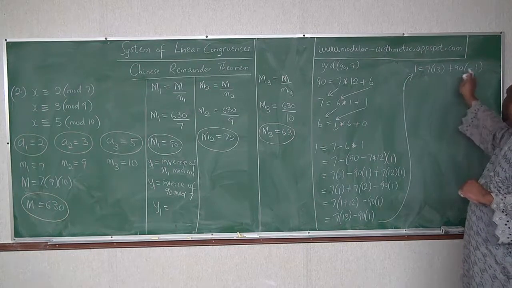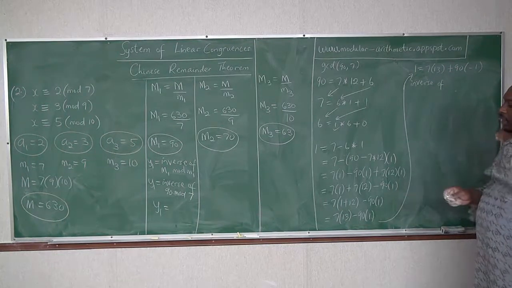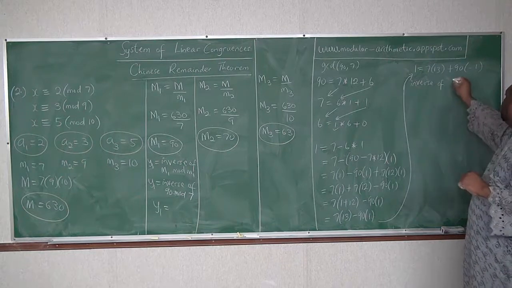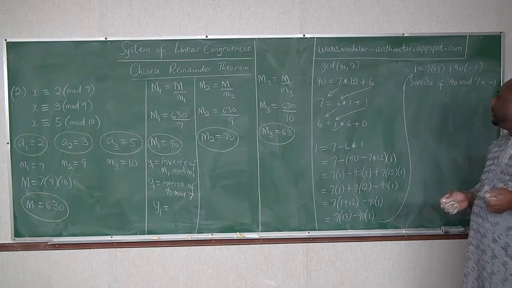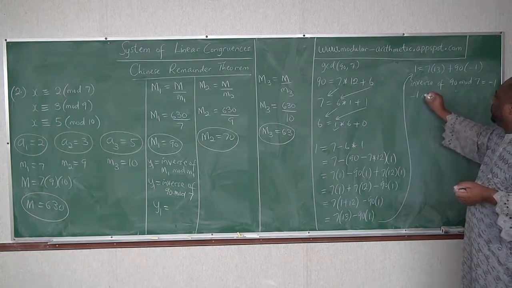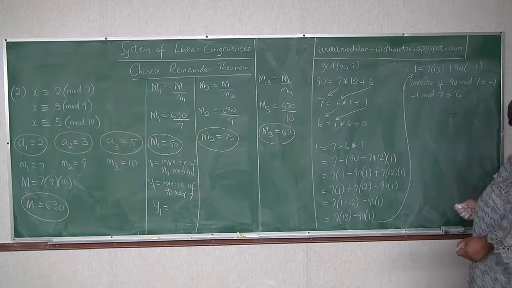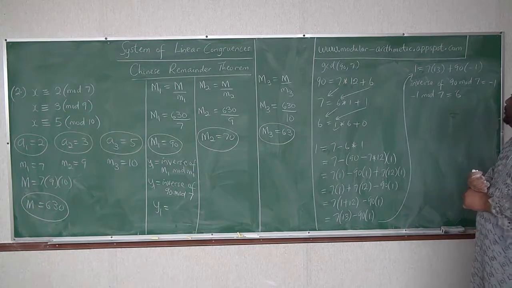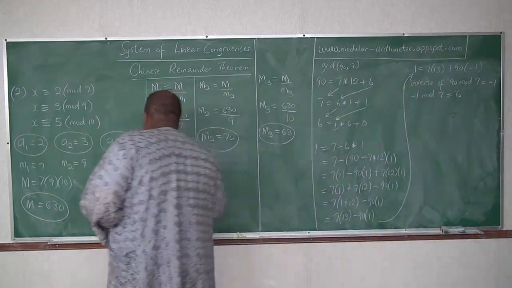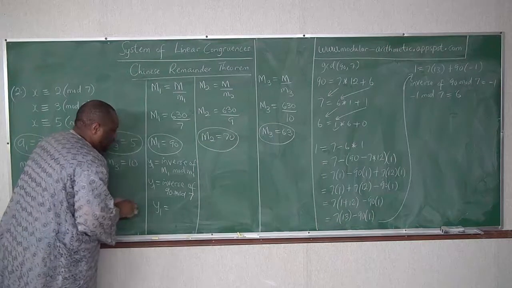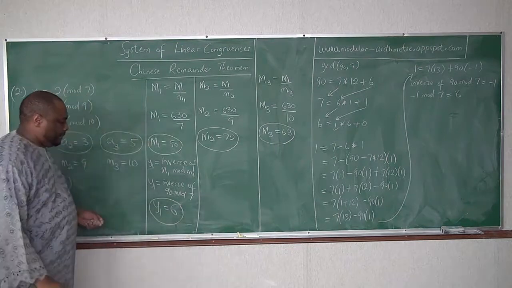So the inverse of 90 mod 7 is negative 1 mod 7, and that is 6. So we got our y1 to be 6. We write 6 and circle it. We will need it.